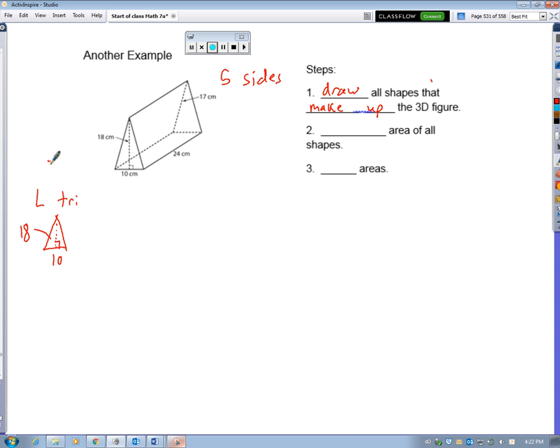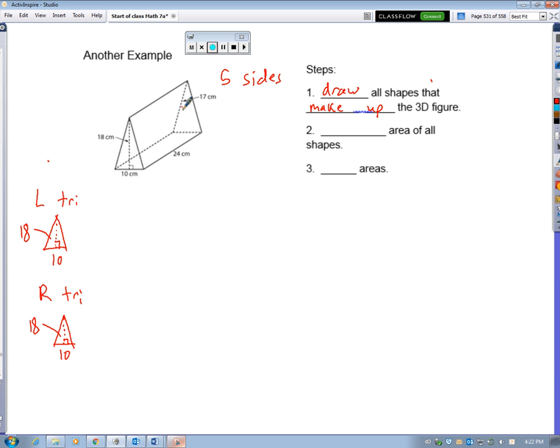Say that's 18. And then I have my right triangle, which again is going to be the same size: 10 on the bottom, 18 for a height.